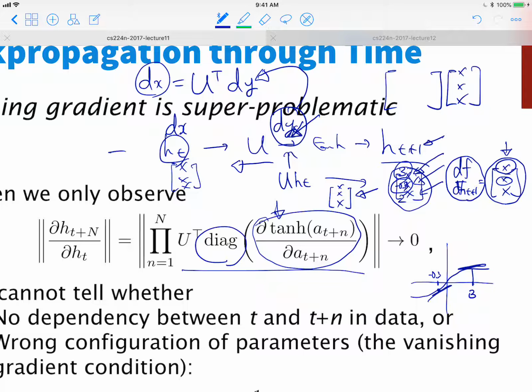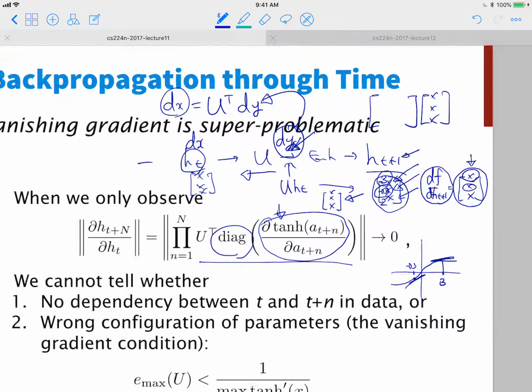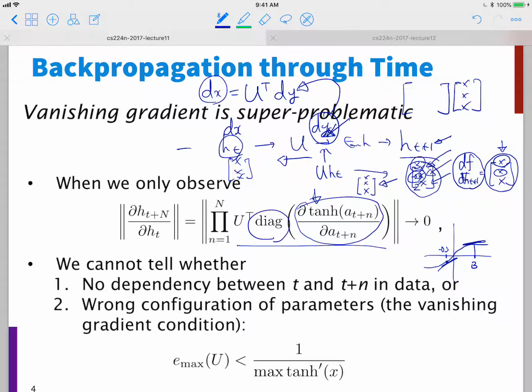So why do we have a diag here? Yeah, so I thought it's a little bit non-trivial, but it seems to be quite trivial.